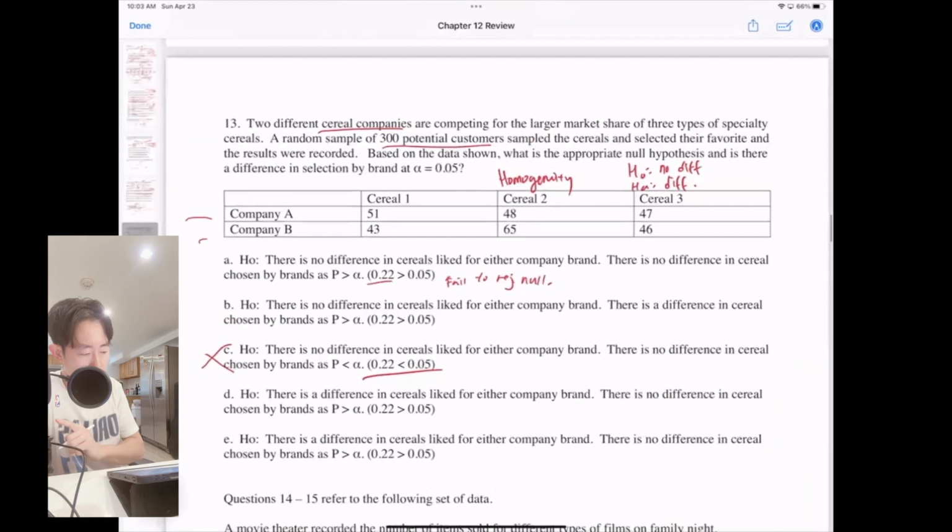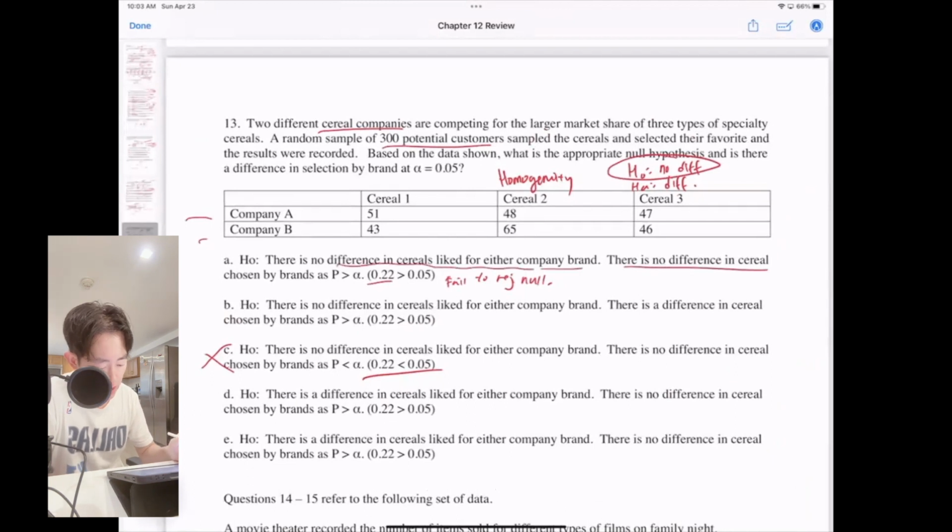Because we failed to reject the null, it means that there is no difference. There is no difference in the cereal selected for either company brand. There's no difference in cereal chosen by the brands as P is greater than alpha. There is a difference in cereal chosen by brands as P is greater than alpha. Well, what we're trying to say is that there is absolutely no difference between the 2 variables that we stated, that it doesn't depend on the company, nor does it depend on the cereals.